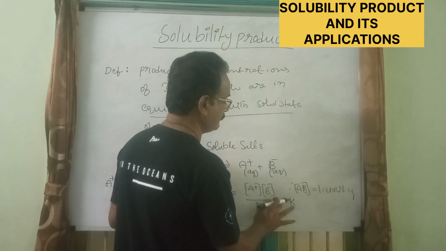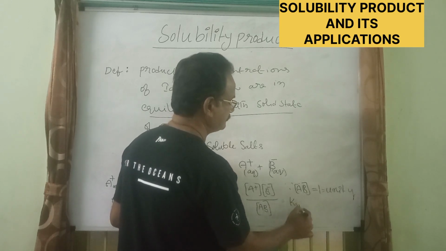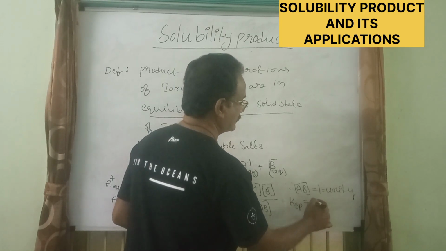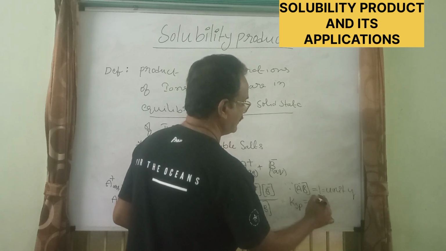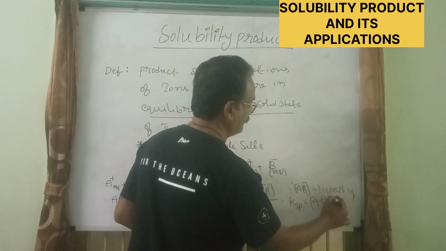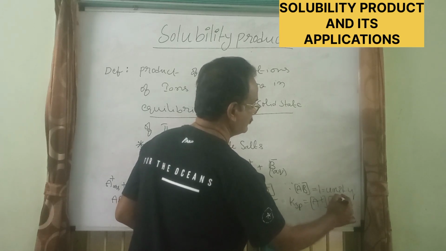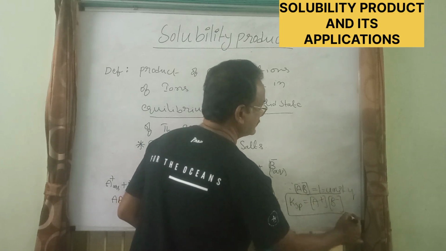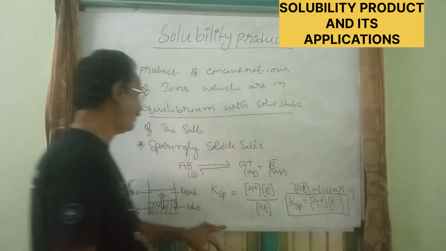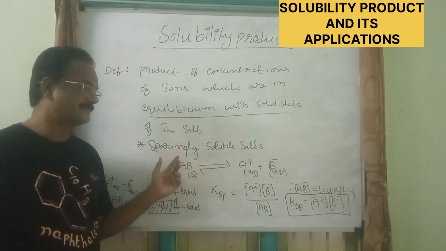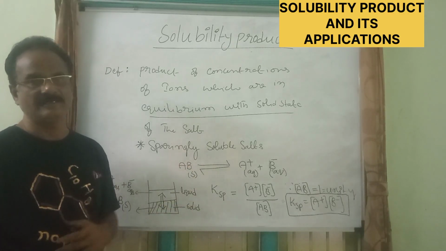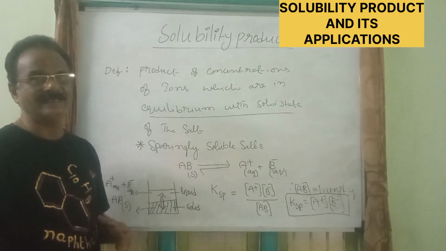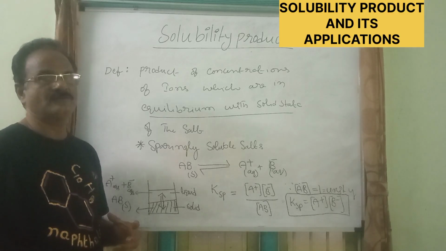KSP is equal to concentration of A plus and concentration of B minus. This is to be considered as the solubility product of AB type sparingly soluble salt. Is it clear? So that is about solubility product.